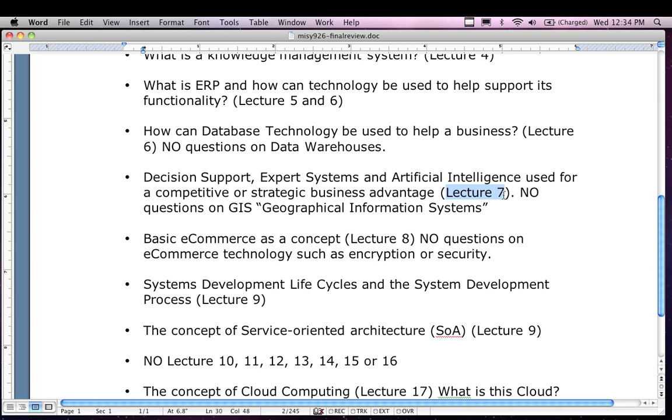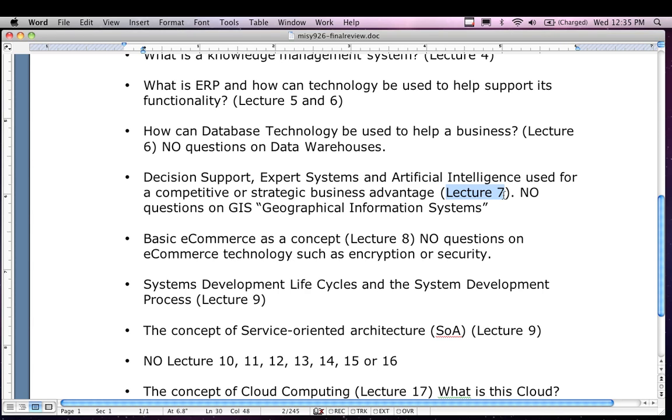There are no questions about any artificial intelligence techniques, so you don't have to worry about fuzzy logic or neural networks or some of the other odd topics I covered briefly in that lecture. Everything you need to know is related to the concept of artificial intelligence and how it can be used in business. So no GIS.